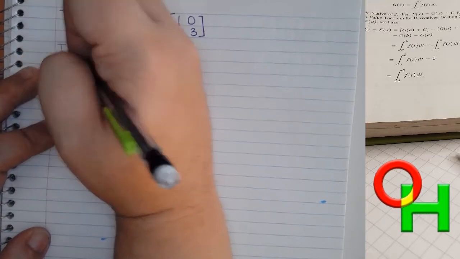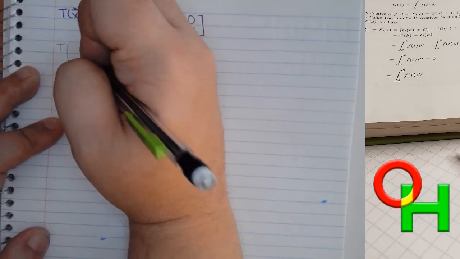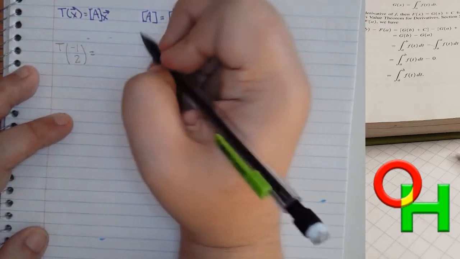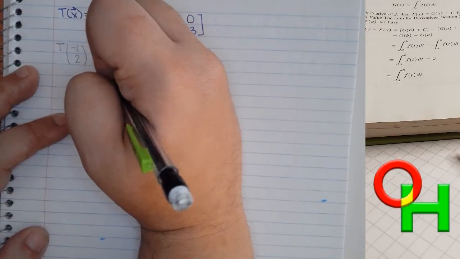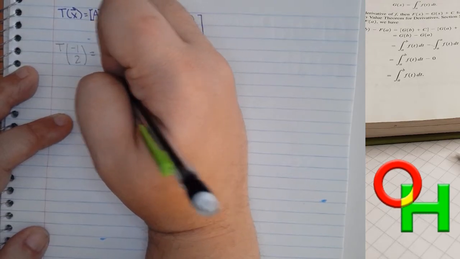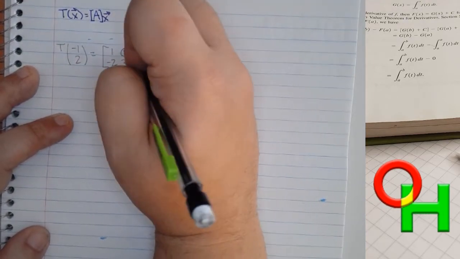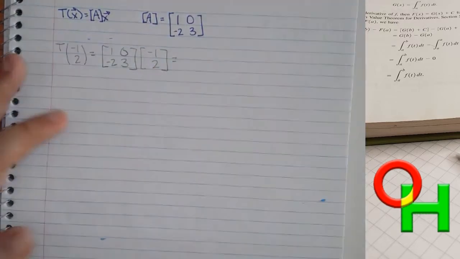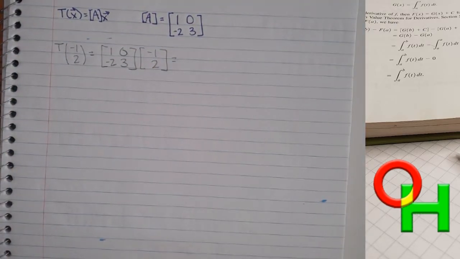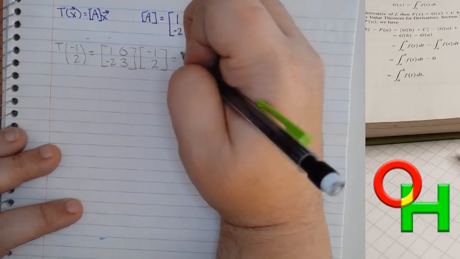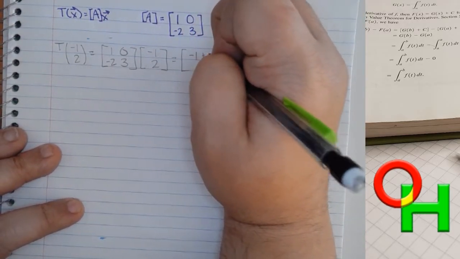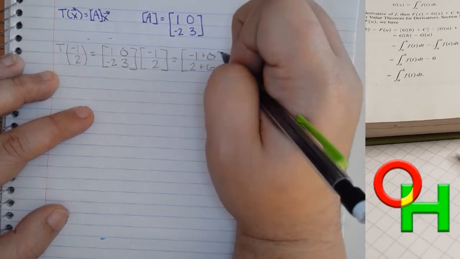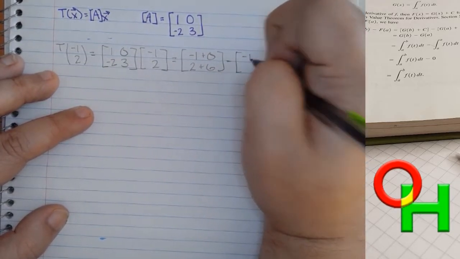When I do my transformation of (-1, 2), I'm really hoping I get (-1, 8), but we'll see when we do the multiplication. I get -1 plus 0, and then 2 plus 6, and that does indeed give me (-1, 8). Yay.